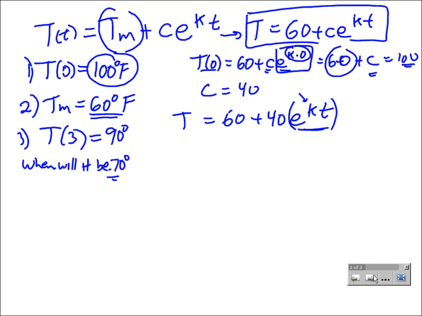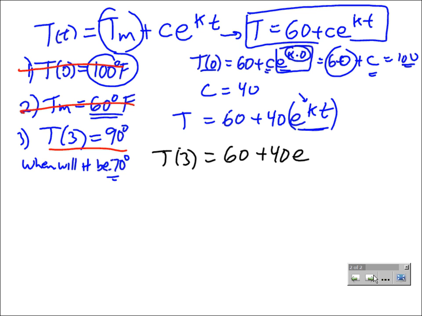Okay, let's see now. We have to use T of 3 is 90. Well, on one hand, T of 3 is 60 plus 40 times e to the k times 3, which is the same as 3 times k. And on the other hand, it's 90.